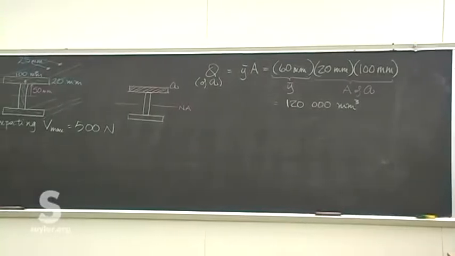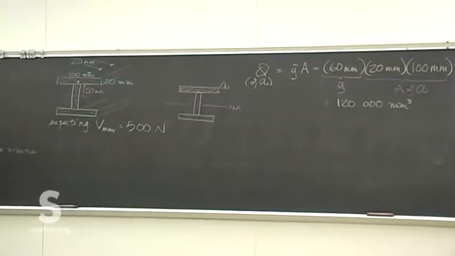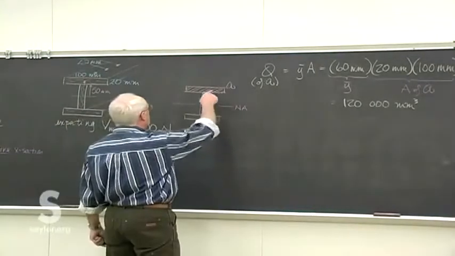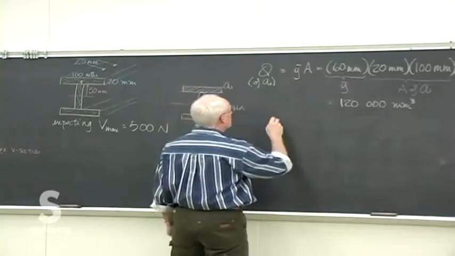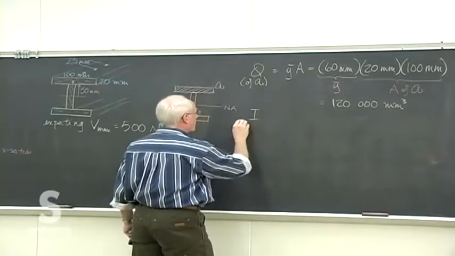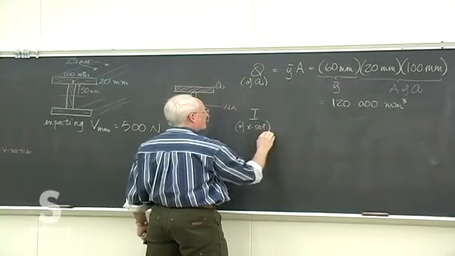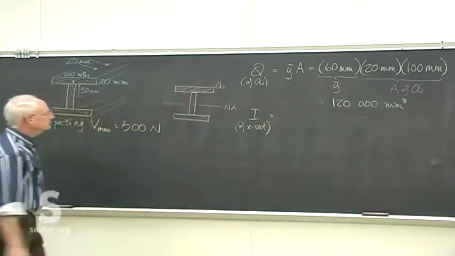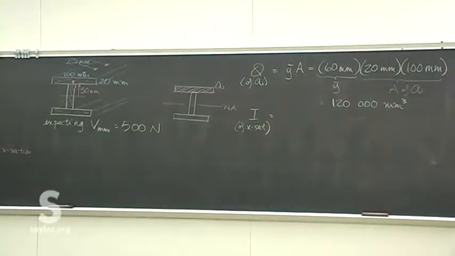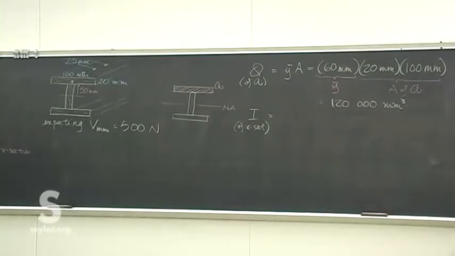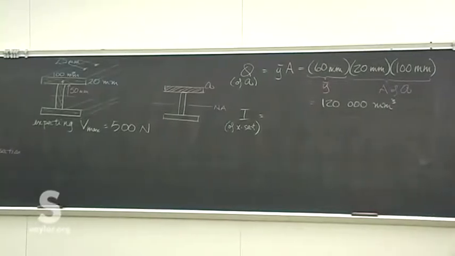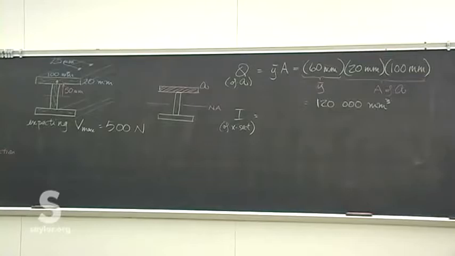All right, the other piece we need is the moment of inertia of the entire cross-section. And that's the central moment of each piece plus the parallel axis theorem as applied.